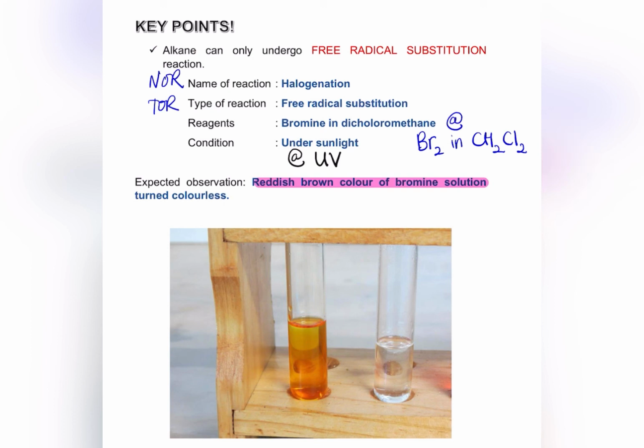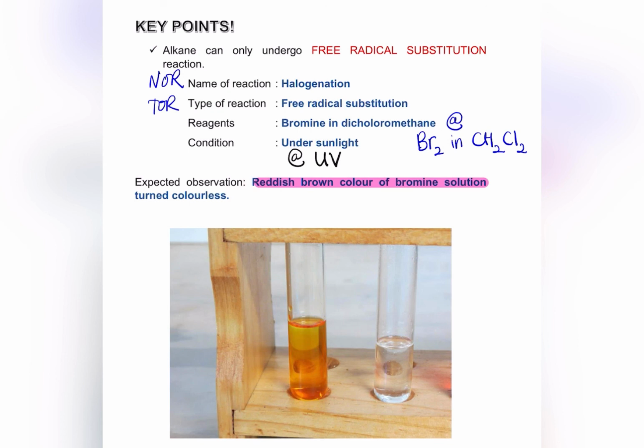Reddish brown solution will look like the solution in this picture, and once it turns colorless, it will appear like this, a colorless liquid. But if the reaction takes place in dark conditions, this expected observation cannot be observed because there is no sunlight.